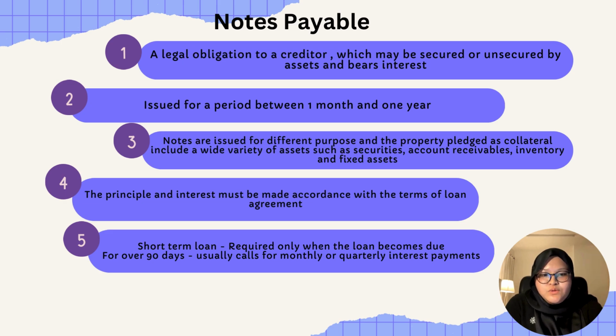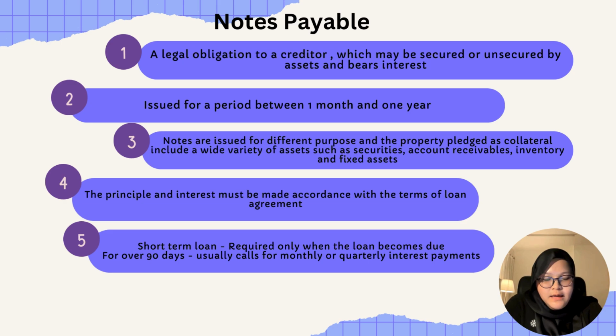And these notes payable are issued for very different purposes. And the property pledged as collateral, as mentioned earlier, includes a wide variety of valuable assets, such as securities, accounts receivable, inventory, and also fixed assets. And next, the principal and the interest must be met in accordance with the terms of the loan agreement that has been made.